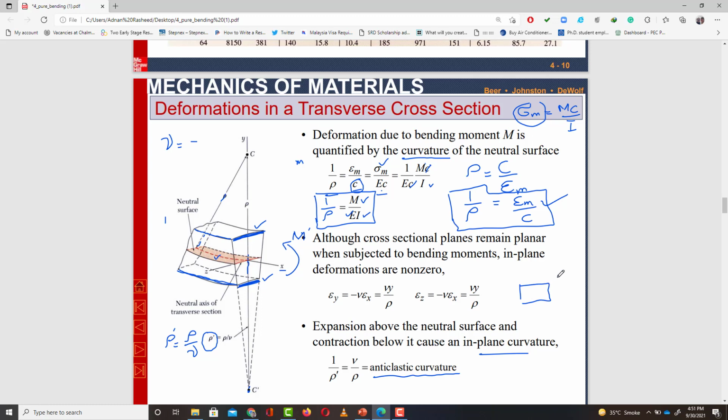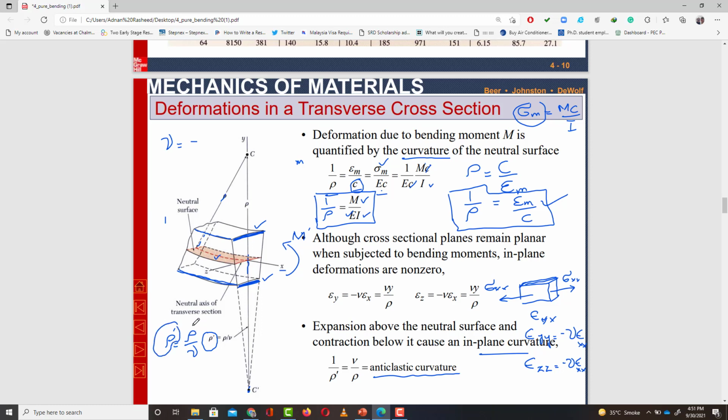If this is a body that is subject to stress or force in the x direction, it will produce strain in the x direction, as well as strain in the y direction, which is contraction, and we discussed that this is equal to minus nu times epsilon xx. Similarly, in the z direction there will be a contraction, and that is also equal to minus nu times epsilon xx.